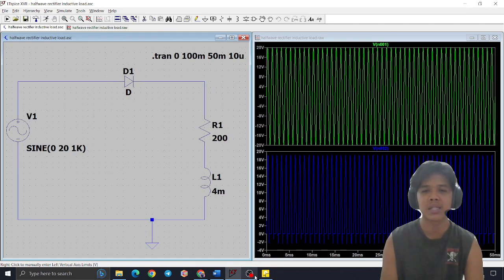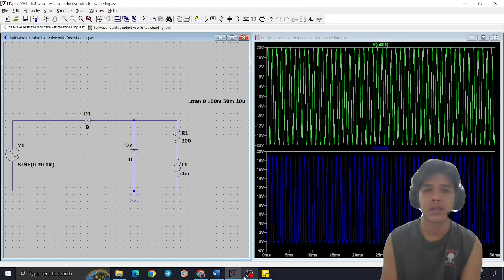So that's why you can see that the current is not a full cycle, because the inductive load keeps discharging current bit by bit. So that is for the half-wave rectifier inductive load circuit.